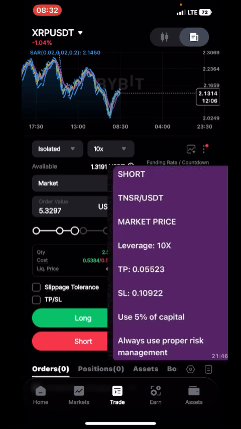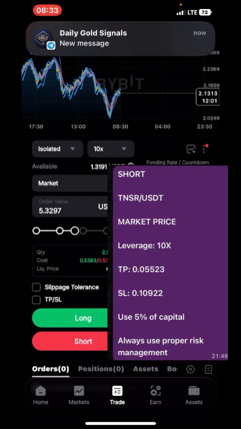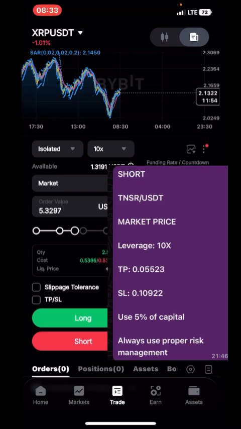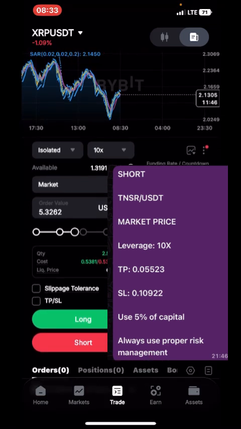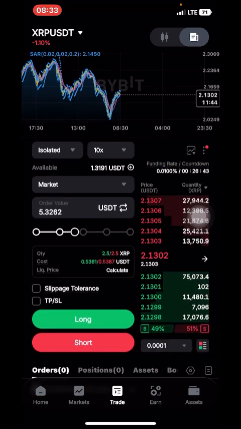There are some signals that will come at limit. It could be a buy limit, it could be a sell limit. I'll also use such signals to demonstrate it. So let's say I've dragged this to $5 USDT.